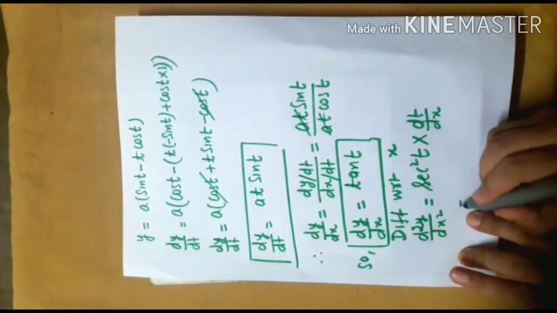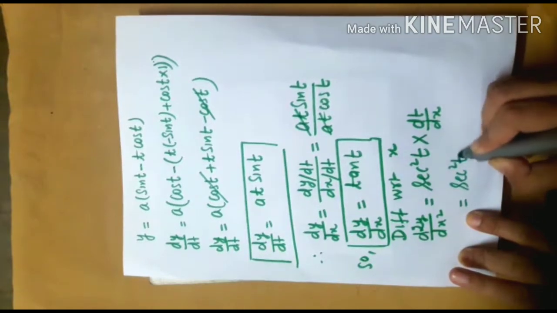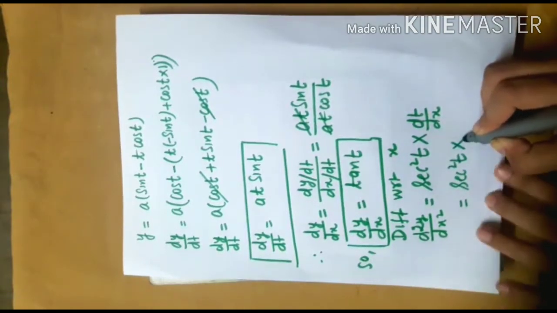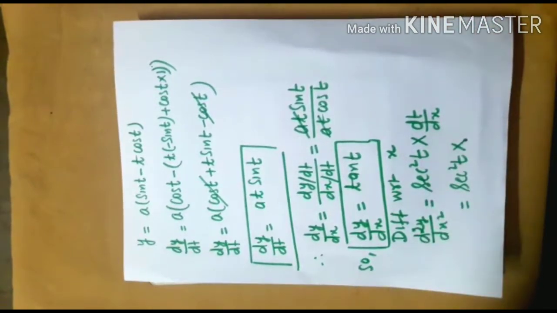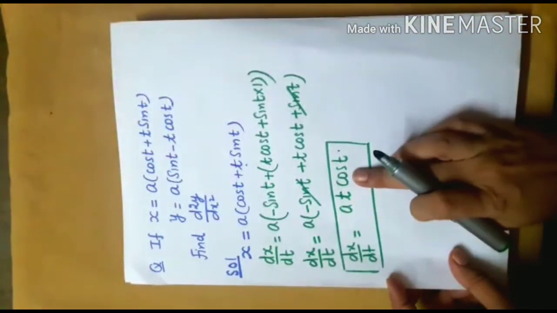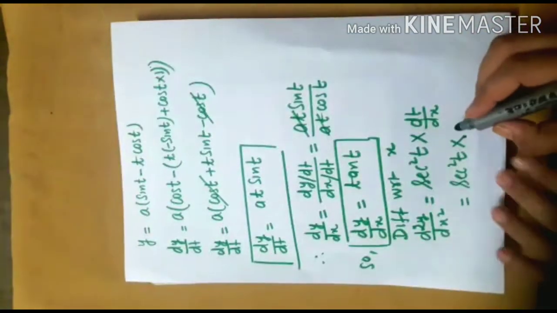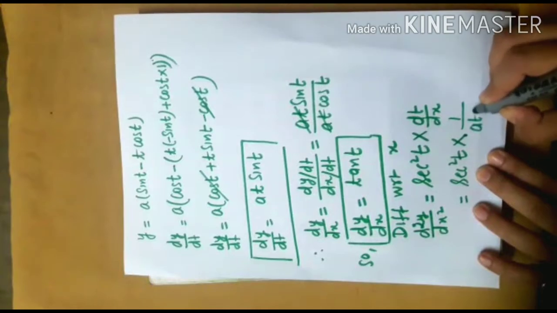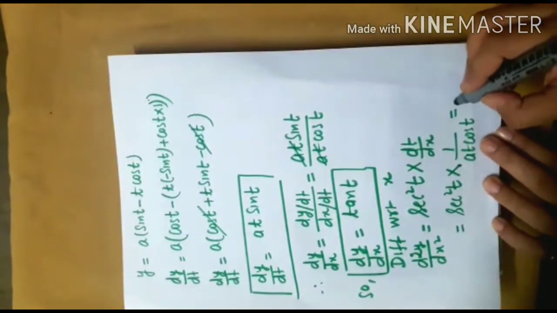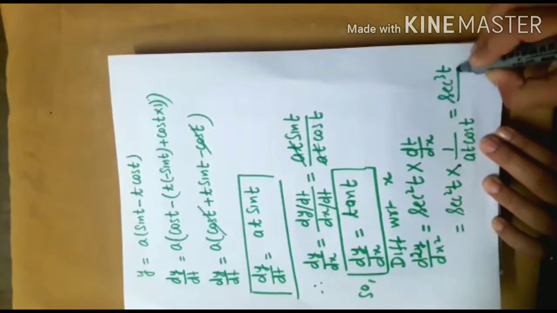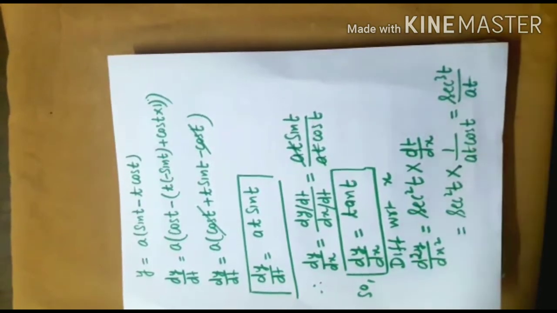Right? This is equals to secant square t into, dx by dt is a t cos t. So what will be dt by dx? It is 1 over a t cos t. So which can be written as secant cube t over a t.